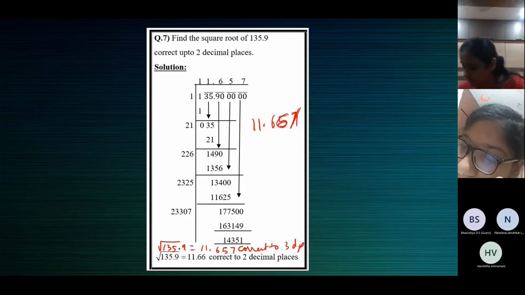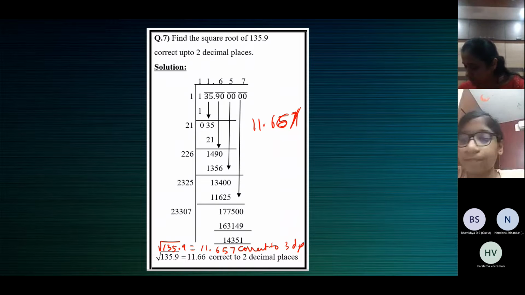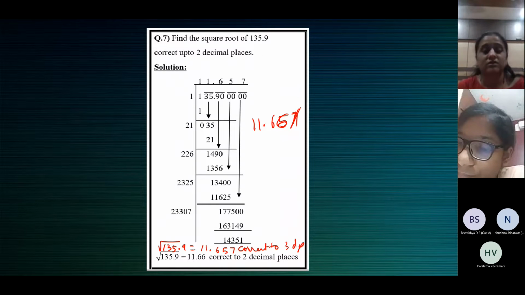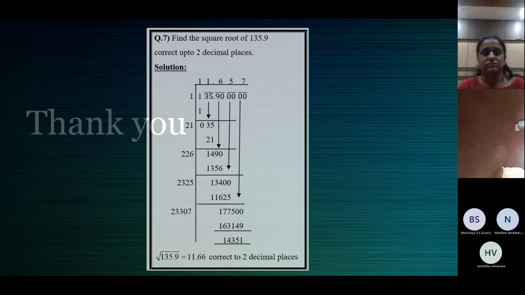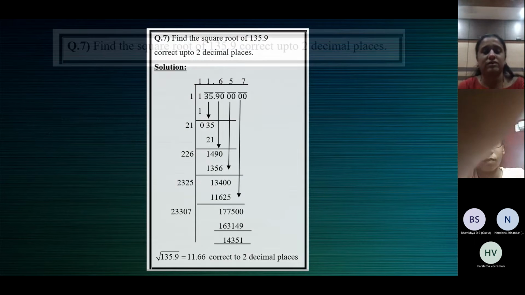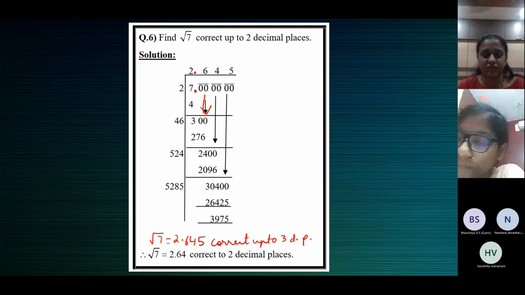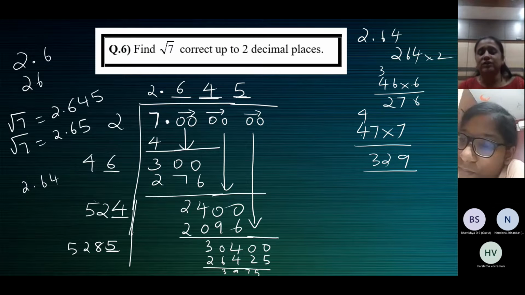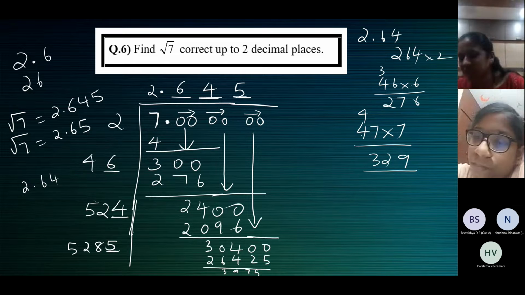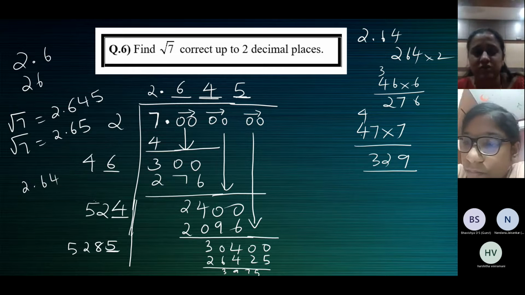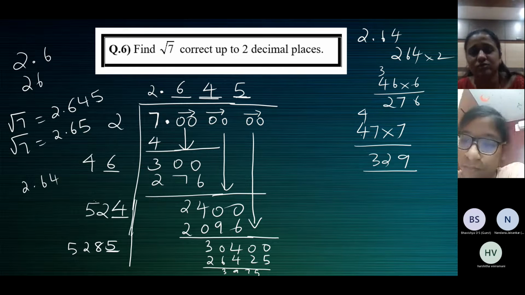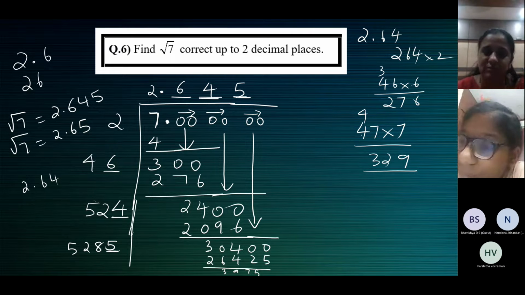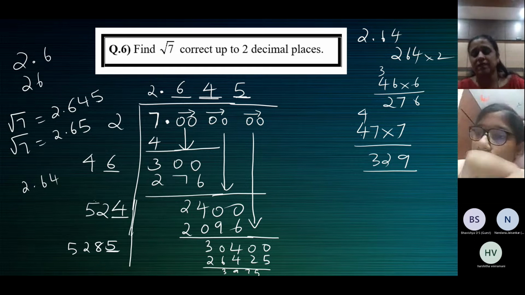Took a screenshot, children? So we have one more question, and with that we come to the end of squares and square roots. So I'll share the videos on cubes and cube roots, children. That's again a very simple chapter. Once you've understood squares and square roots, cubes and cube roots is very small and very simple because you know squares and square roots.